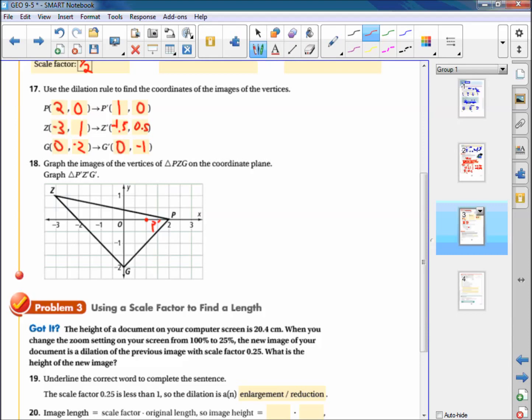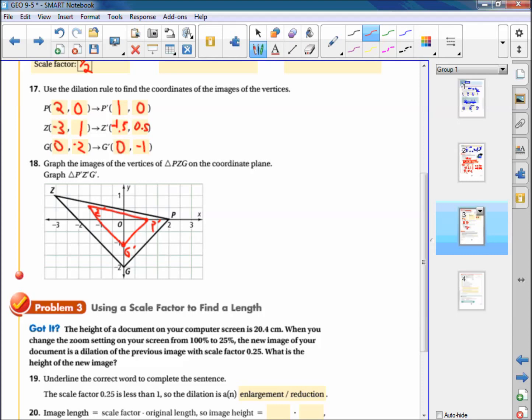So -1.5 is here, and 0.5, that's up there. Okay, so this will be at Z prime. And then G is supposed to change to 0, -1. So this will be G prime. And this will be our new triangle, which should be similar to our original triangle.